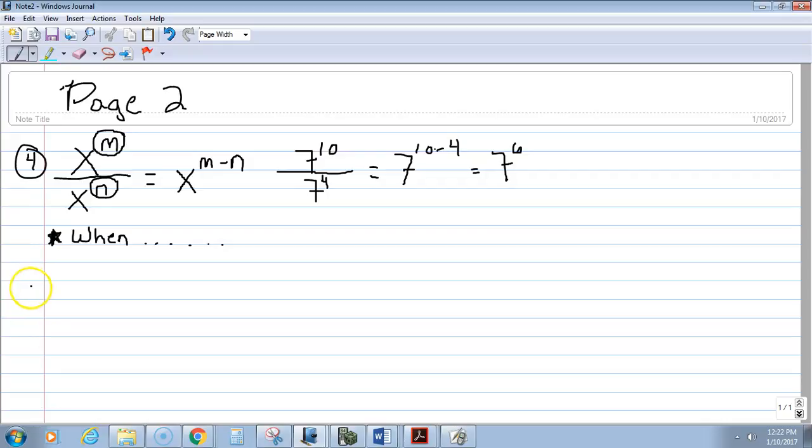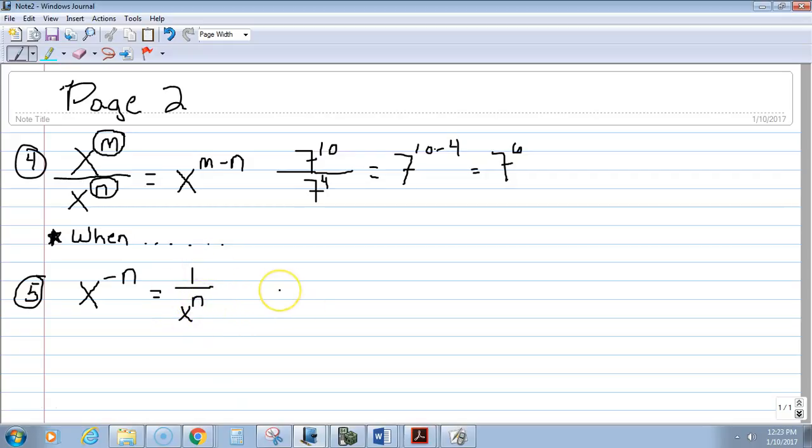All right, what's next? How about negative exponents? Okay? So what if we have x to the negative n? What does that mean? That just means that it is on the denominator, that is 1 over x to the positive n.